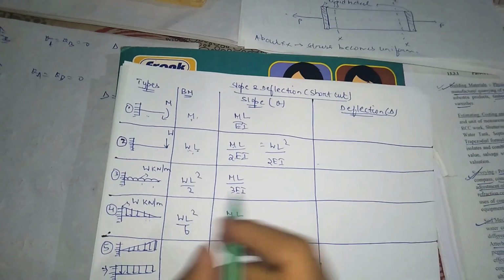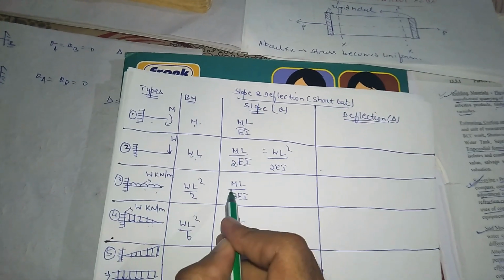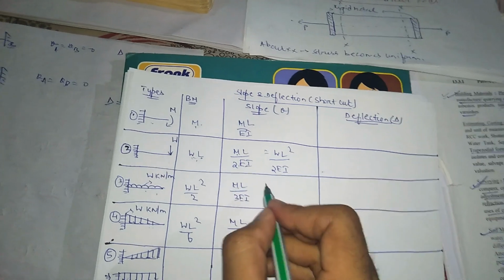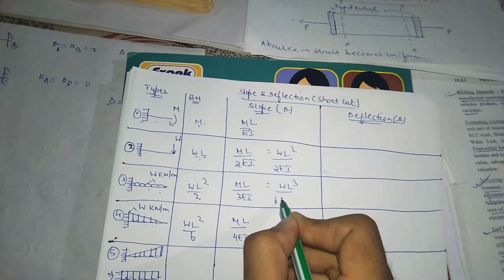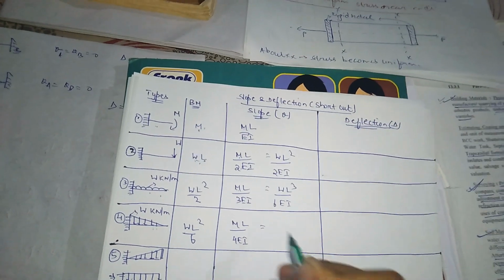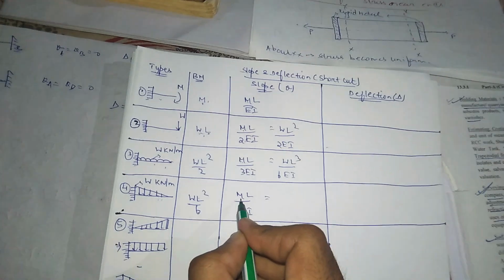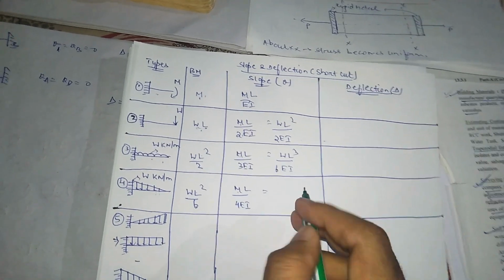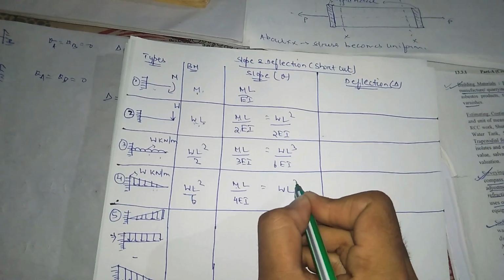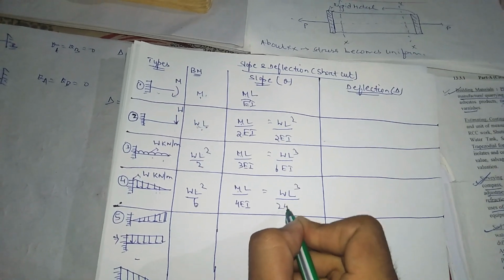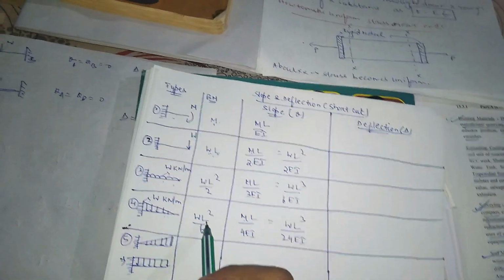Okay, similarly for the third case, if you put WL square by 2 in the place of M, you will get WL cube upon 6 EI. Similarly for the fourth case, if you place WL square upon 6 in the place of M, you will get W into L cube divided by 24 EI. Okay, so these are the slopes for the first four cases.